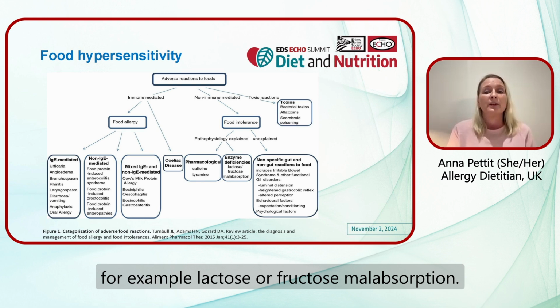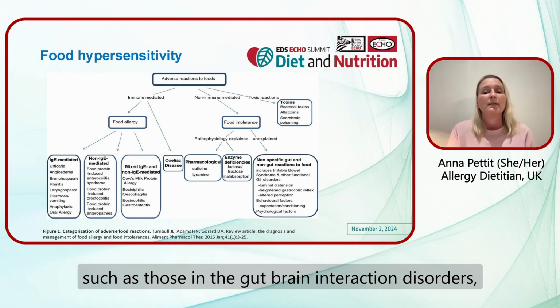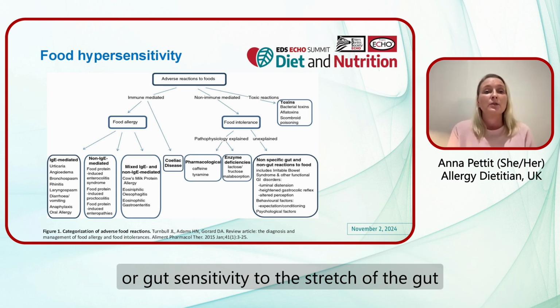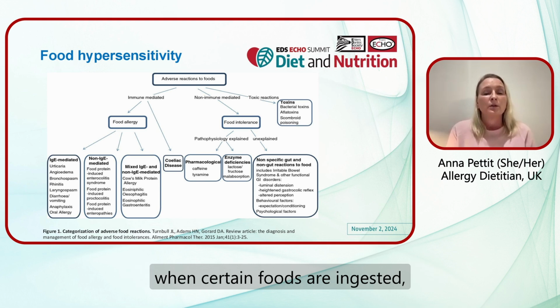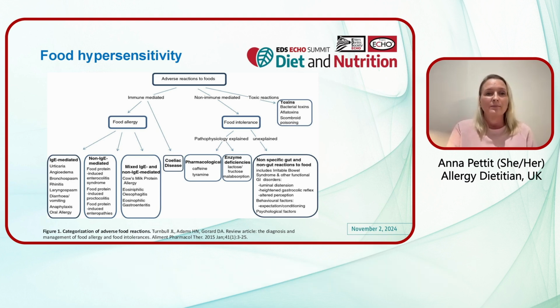So, for example, lactose or fructose malabsorption, and unexplained, so non-specific gut and non-gut reactions to food, such as those in the gut-brain interaction disorders, such as IBS, where there is visceral hypersensitivity or gut sensitivity to the stretch of the gut when certain foods are ingested, such as FODMAPs, which we will cover later on.